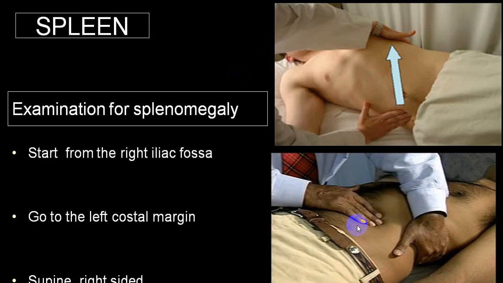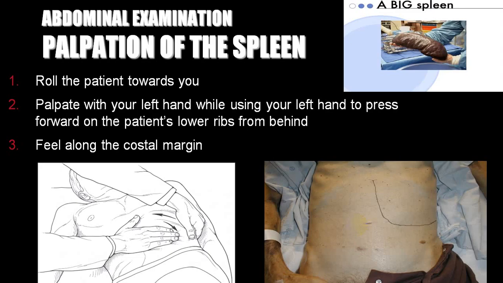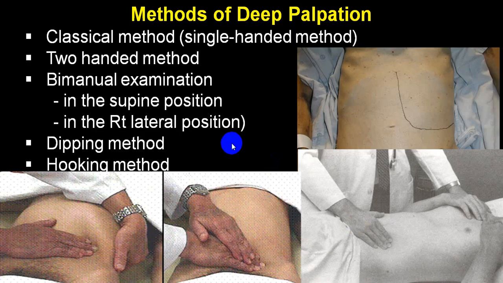If the spleen is enlarged 2 or 3 fingers below the left costal margin, usually we say it is a massive enlargement. Massive enlargement is very characteristic in case of malaria and kala azar. Polycythemia rubra vera, chronic myeloid leukemia, and myelofibrosis, which we call myeloproliferative disorders, are another very common cause.